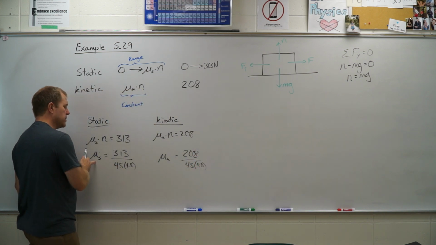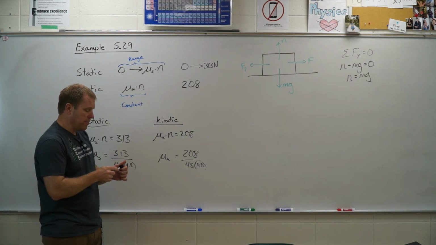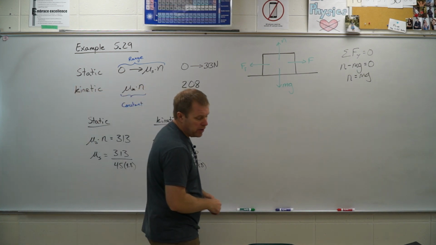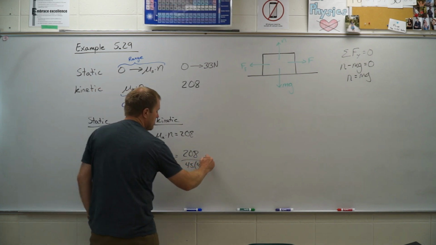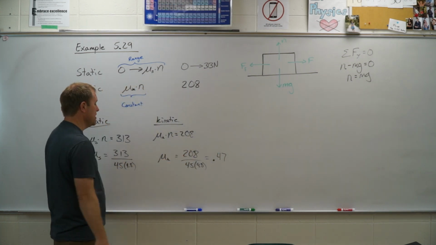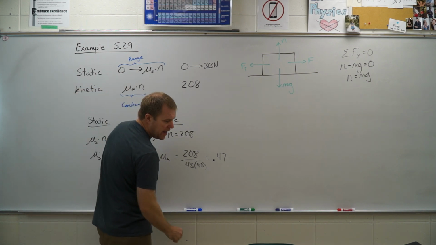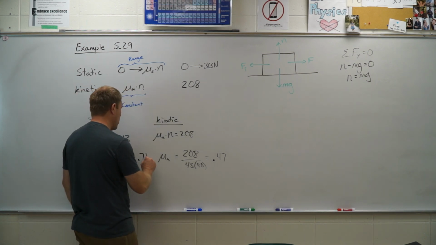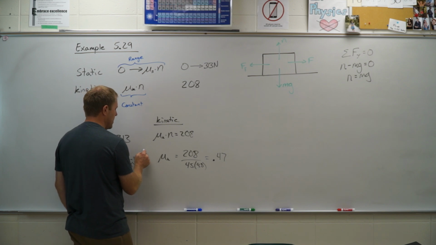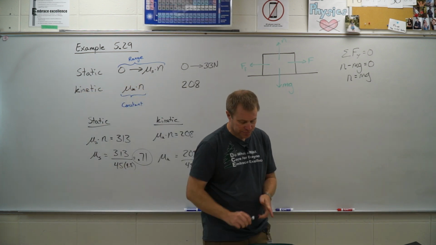Noting that my mu sub s is always larger than my mu sub k, should be a number somewhere between 0 and 1. If I plug these two values in, I get a mu sub k value of 0.47. Interesting side note, remember, no units on that one, does not have any. And I get 0.71 for my coefficient of static friction. So those are my two coefficients of friction.